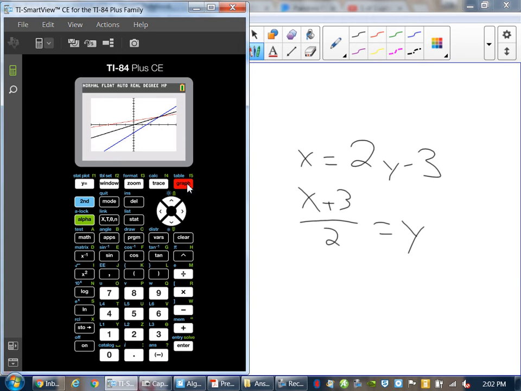That's how you verify things being inverses. And whatever their intersection, they may or may not have an intersection, and so on.